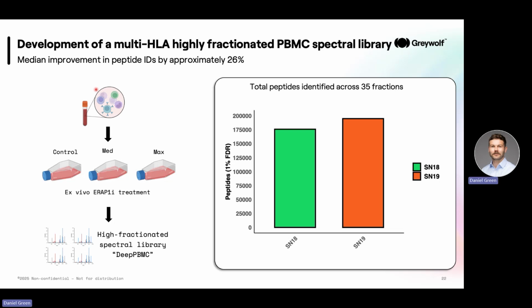And because they were ex vivo PBMCs, we were also able to stimulate these with different concentrations of drug in vitro. And then we were able to use these cells to generate a highly fractionated spectral library that we call deep PBMC. And the graph on the right here is just showing you the amount of peptides that were in that library for both Spectronaut 18 and Spectronaut 19 searches.